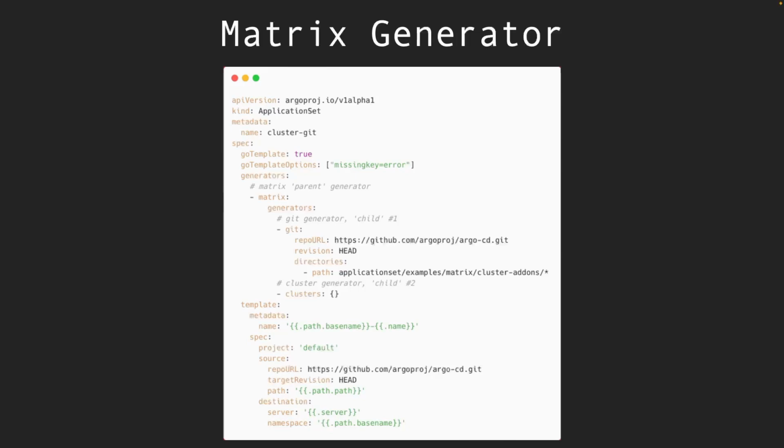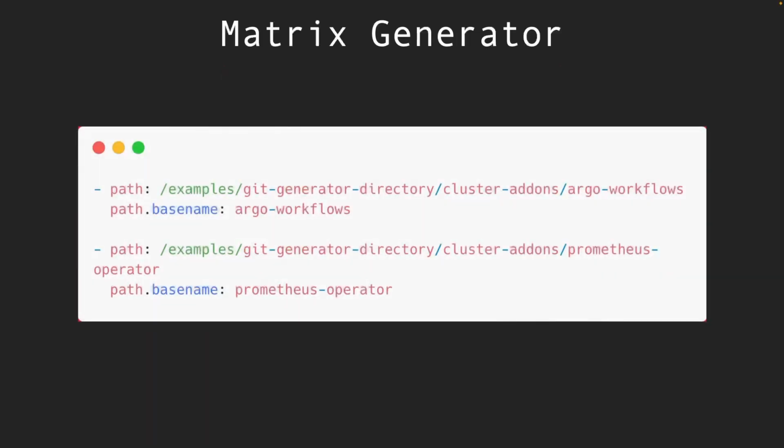First, the Git directory generator will scan the Git repository, discovering directories under the specified path. It discovers the Argo Workflows and Prometheus operator applications and produces two corresponding sets of parameters: path and path.basename.